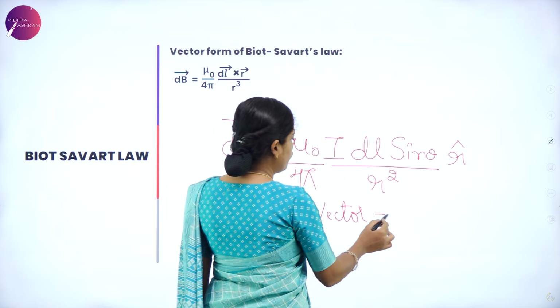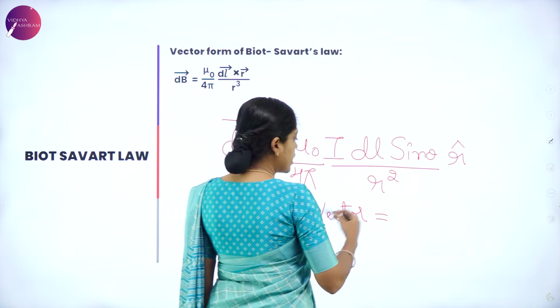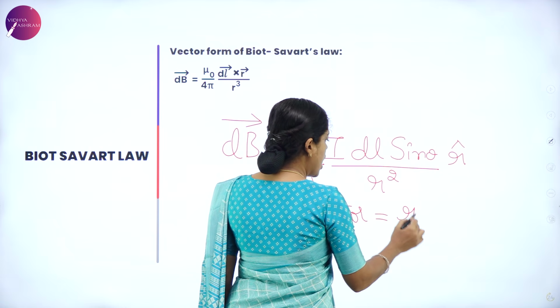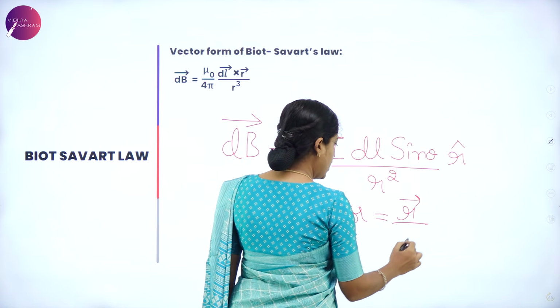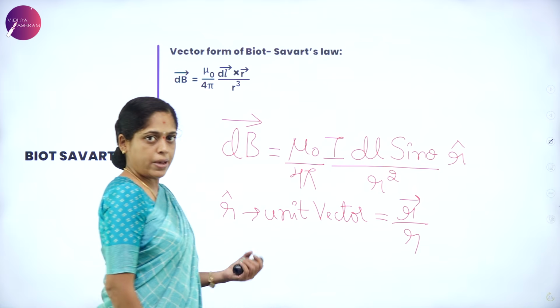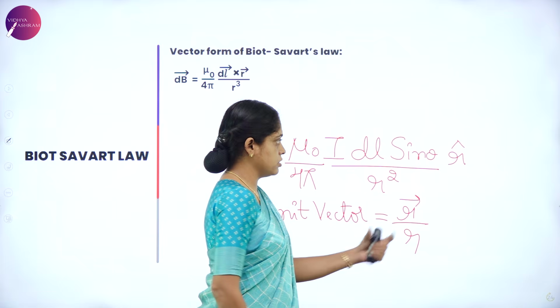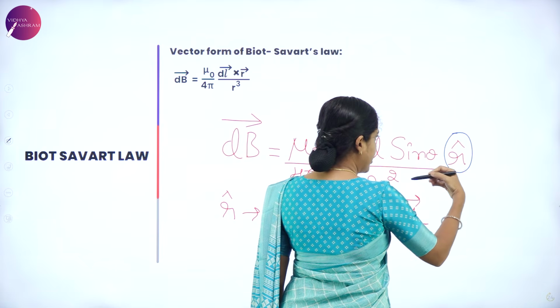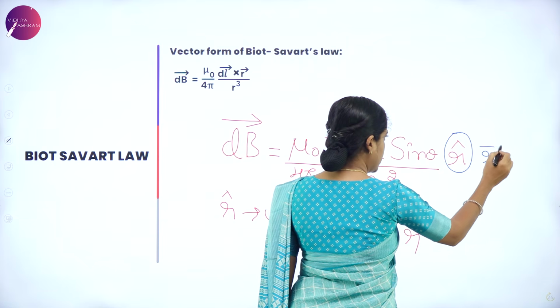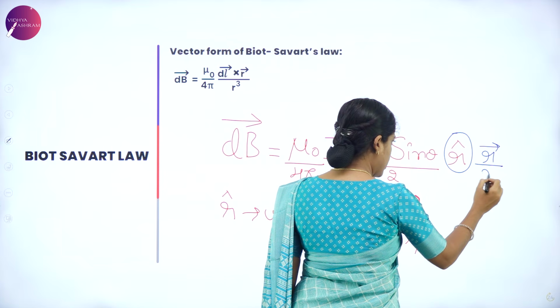According to the definition of unit vector, r cap is equal to r vector by r. In the place of r cap, consider vector r by r.